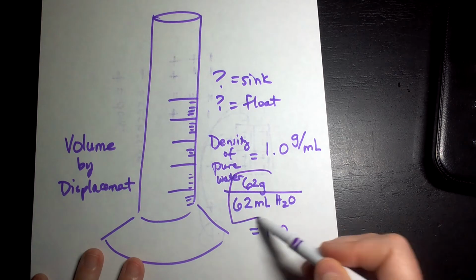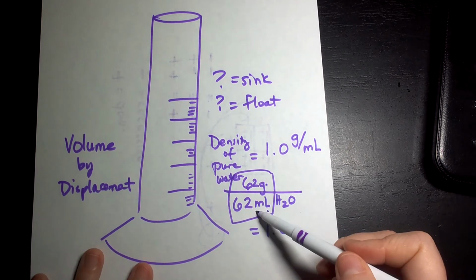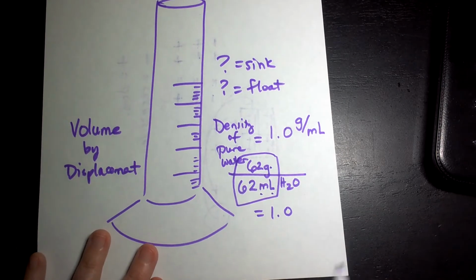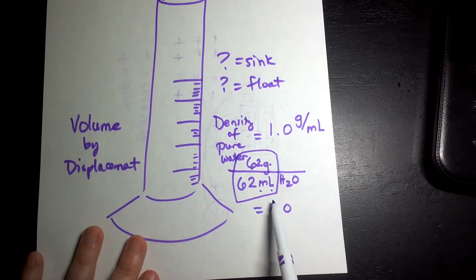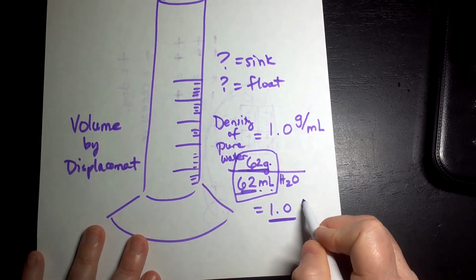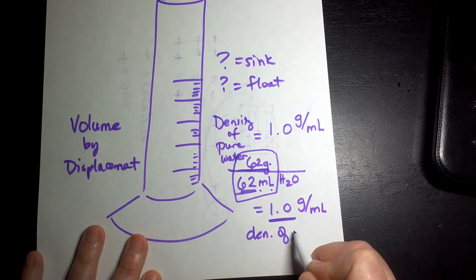And the only time you can get 1 from a fraction is when the top and the bottom are the same. So anytime you are dealing with pure water, the mass and the volume should be the same amount if you're measuring it correctly. So 1.0 grams per milliliter is the density of pure water.